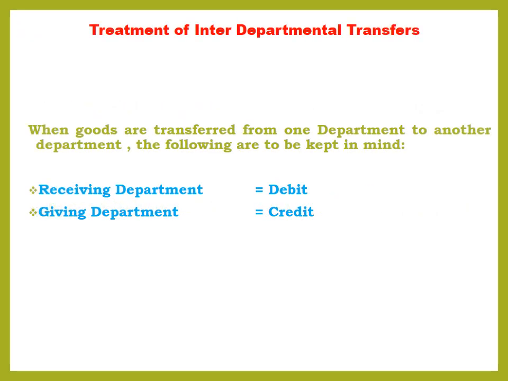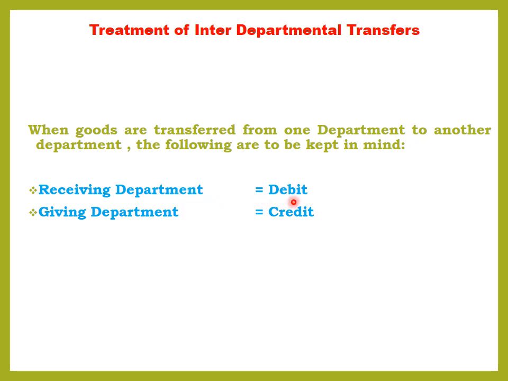Treatment of interdepartmental transfers. Students, sometimes one department will transfer goods to another department. Department A transfers goods to Department B. So such interdepartmental transfers are to be accounted for. When goods are transferred from one department to another, the following are to be kept in mind.